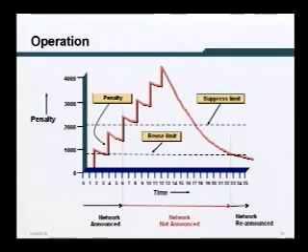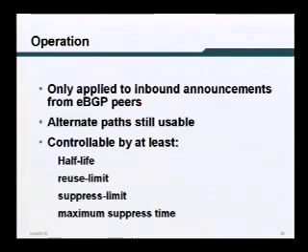That was one of the issues I'm going to talk about in a bit, that when flap damping first appeared, the vendor defaults were very aggressive, probably more aggressive than what the ISPs wanted. You could flap 2-3 times and you'd be gone for an hour, which is not too friendly. If you rebooted the router a couple of times, you could end up with a situation like this elsewhere in the internet.